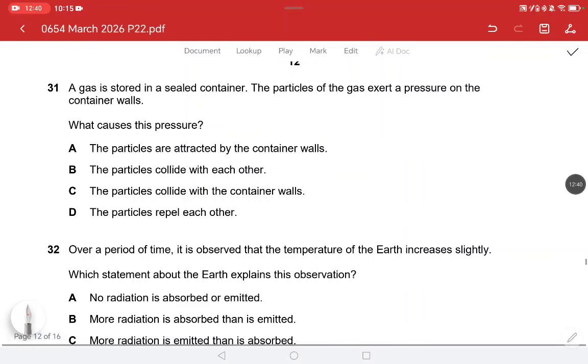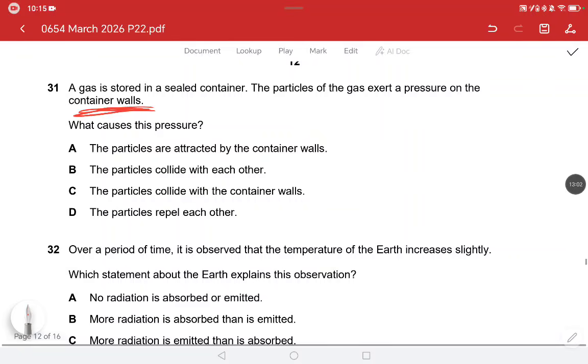As you know, guys, the particles inside collide with each other, yes. But what will make pressure on walls? They are talking about walls, that those particles are hitting the wall.